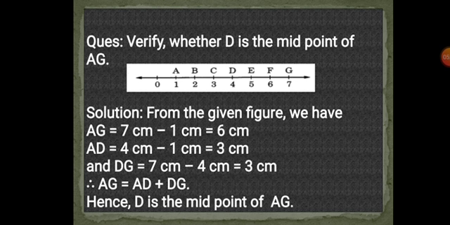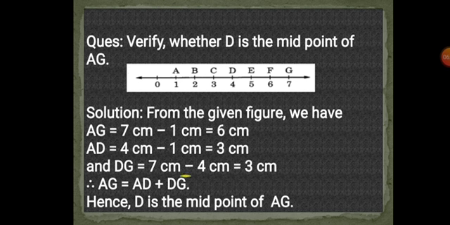Now to prove that D is the midpoint, we will find the length of the line segments AD and DG. So here we can observe that D is at 4 and A is at 1. So the length of line segment AD is 4 minus 1, that is 3 centimeter. Also G is at 7 and D is at 4.